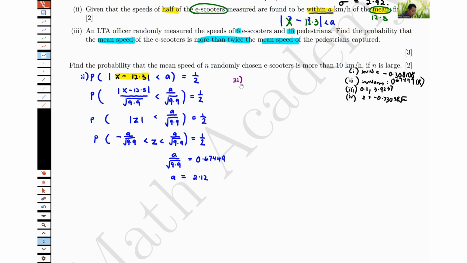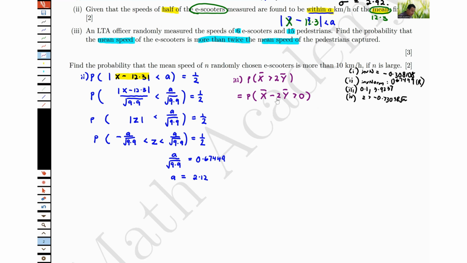The mean speed for e-scooters, x bar, must be more than twice the mean speed of the pedestrians, given by y bar. To solve for any normal distribution probability, remember you should move all the variables to one side and leave the right-hand side as a constant. It need not be 0, it can be any other value, but leave it as a constant.